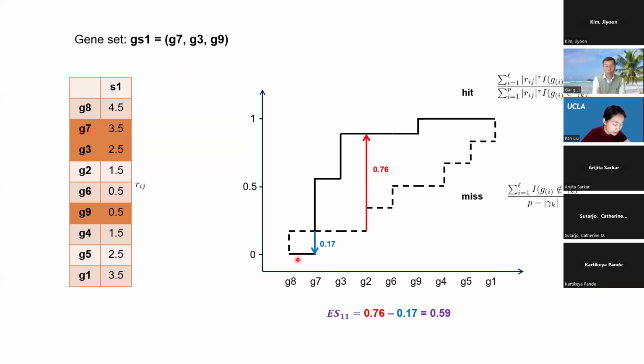And then this p-hit would be a black solid line, which increases whenever we meet a gene in this gene set. Here we increase at genes G7, also at G3, and also at G9.